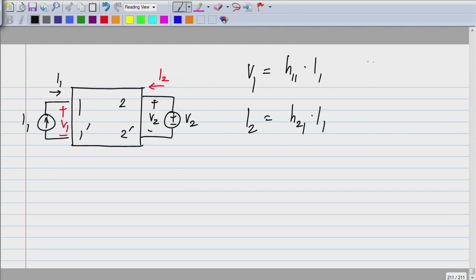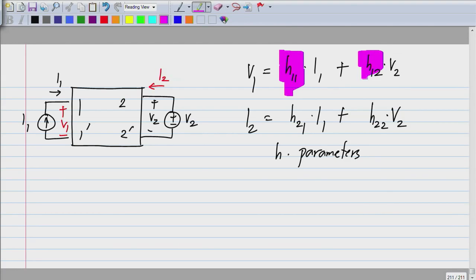So we will have H12 times V2 and H22 times V2 as V1 and I2. And if both I1 and V2 are non-zero, you will end up having the superposition of the two. And these are known as H parameters. So, please think about the dimensions or units of these numbers.